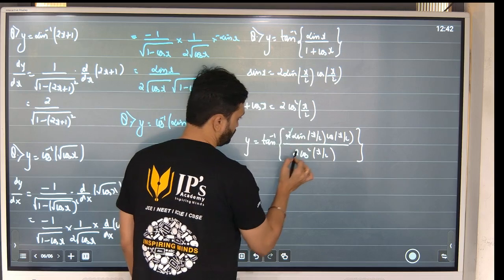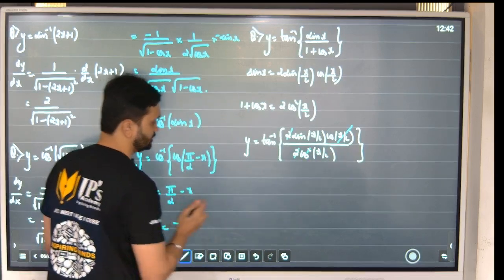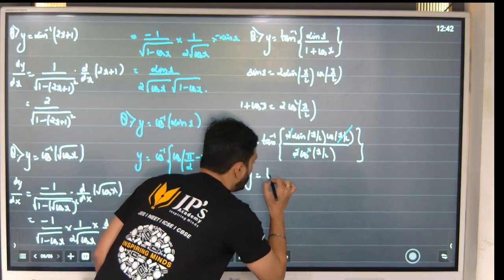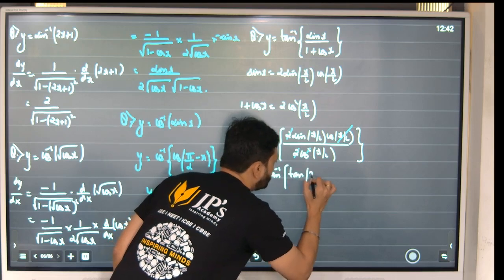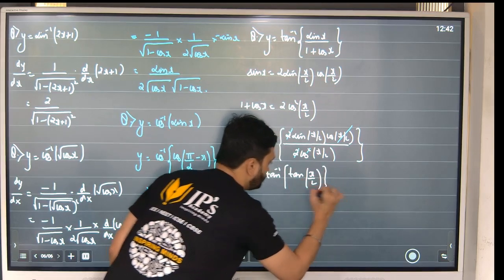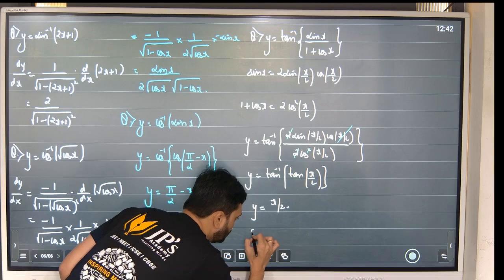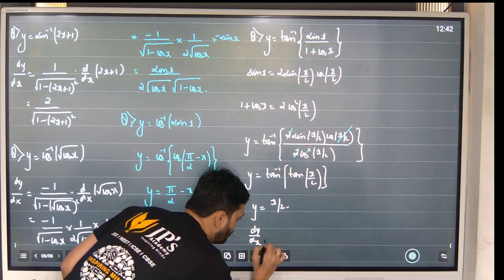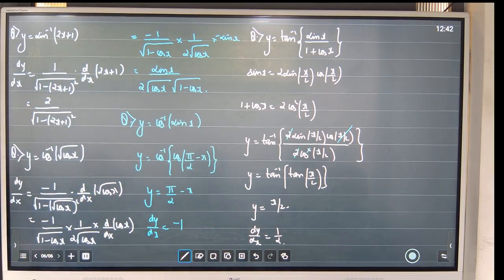Here the 2 and 2 get cancelled. This entire cos and this entire cos get cancelled. So I am left with y is equal to tan inverse of tan x by 2, which is x by 2, and dy by dx will become half. Any problem here?